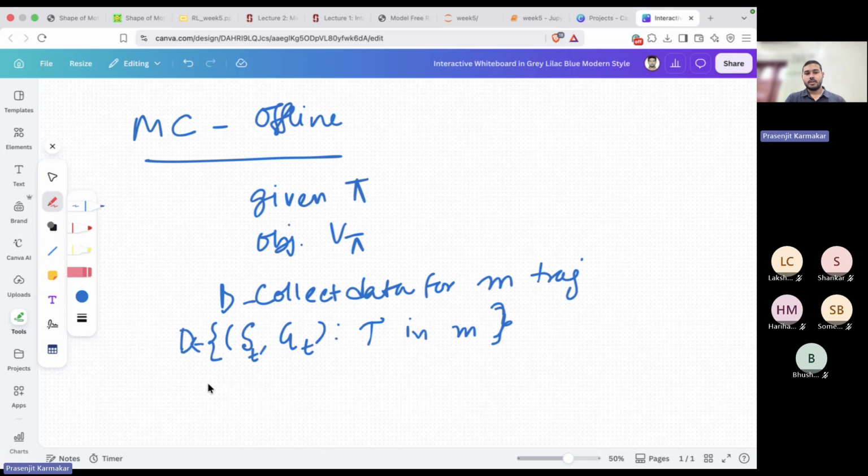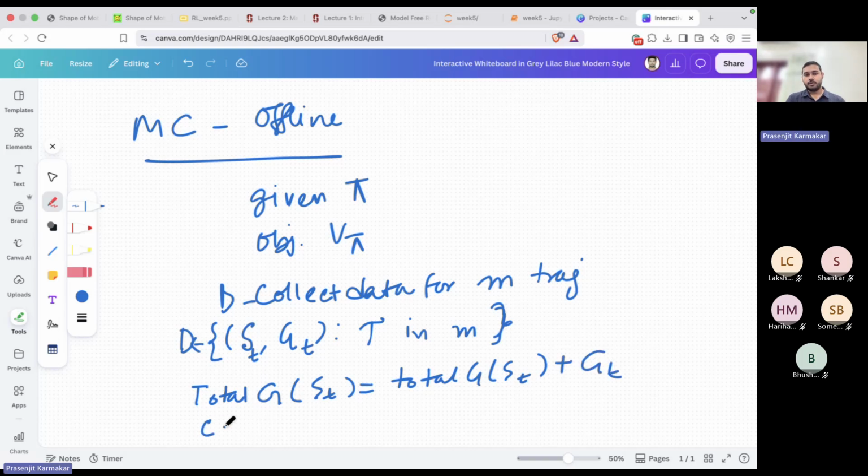Now you can take the counts. Total G of S_t is equal to total G of S_t plus G_t, and count of S_t is equal to count of S_t plus 1.